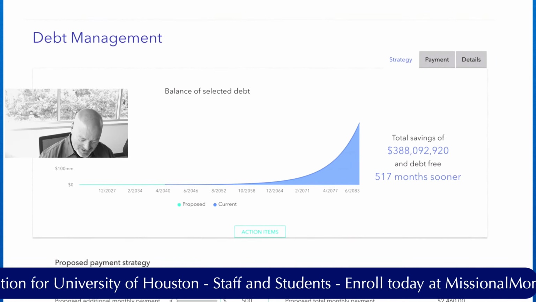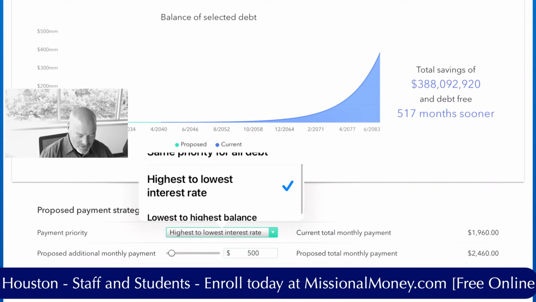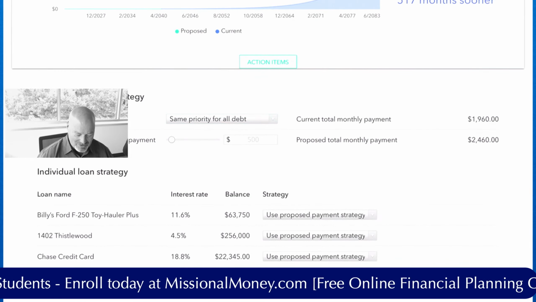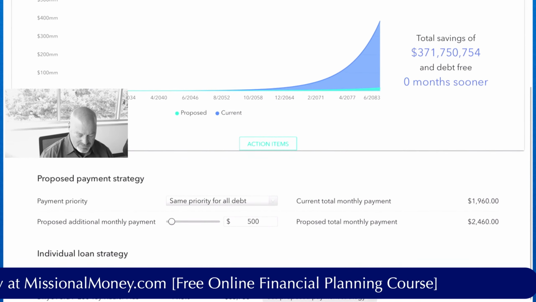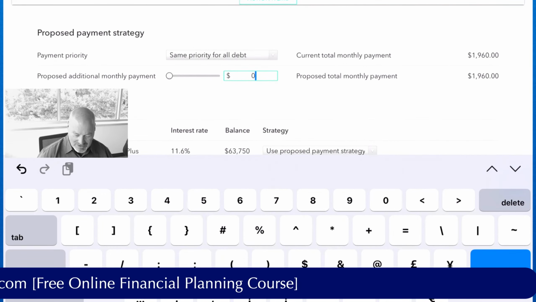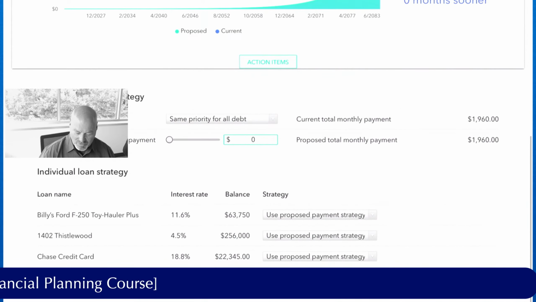How can that be? So let's just go back and put it back where it was and just see if we can figure out what is going on here. So I'm going to put this back to 0 so that we have no extra money being paid, just because I'm doing a little audit on this plan and I'm curious what just happened with $388 million.